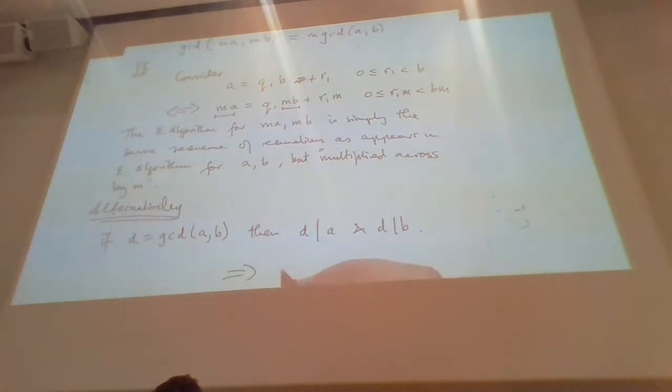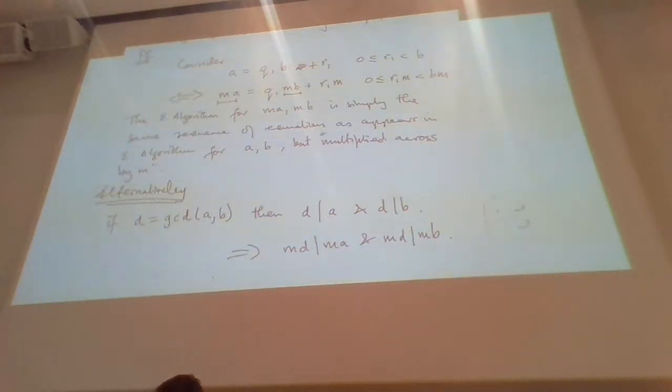Well, that will imply that MD divides MA and MD divides MB. That's one of the properties of divisibility, that if x divides y, then mx divides my. That's one of the parts of theorem 2.1, which was our list of basic properties of divisibility.